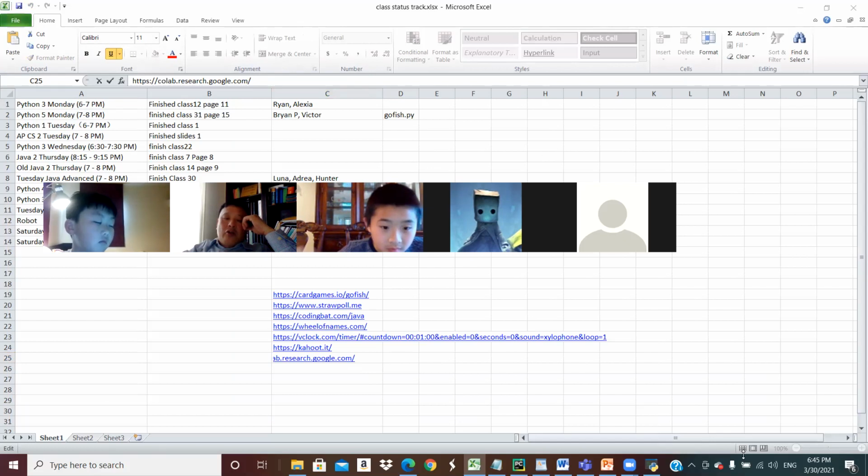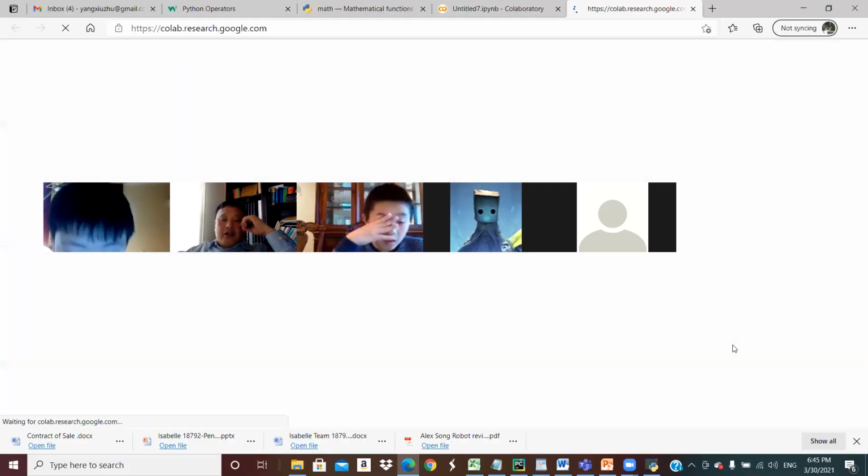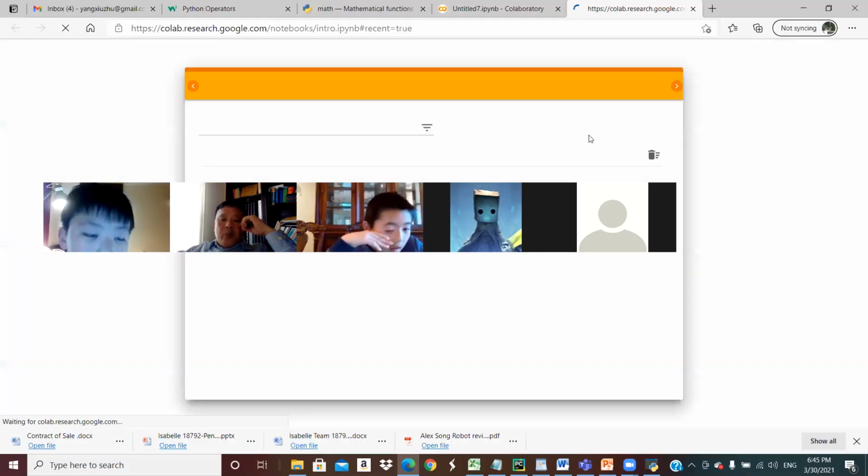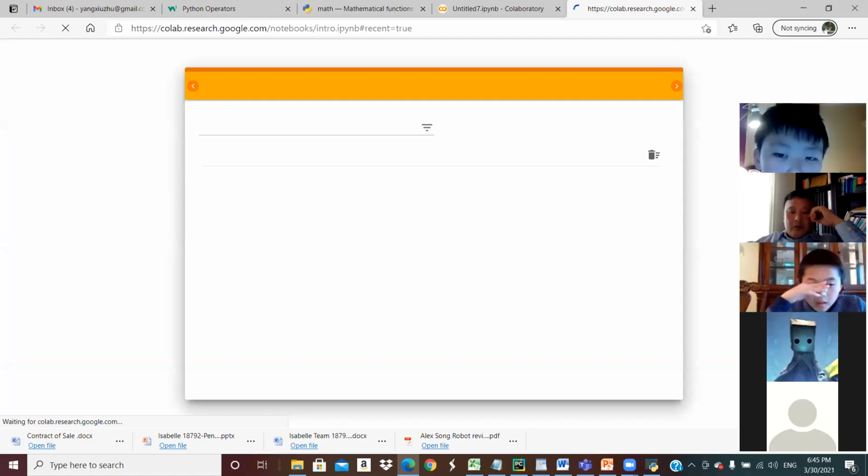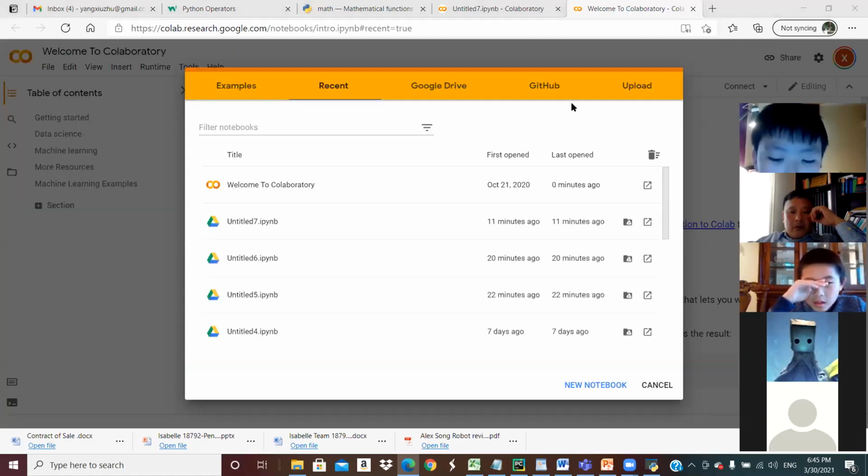Can you see this URL in the chat window? Yes, Steven. Can you click on it? I clicked on it. And now can you watch my screen? If I click on it, do you get a pop-up like this or not? No, it pops up into Google Chrome. Okay. So can you go to Google Chrome then?